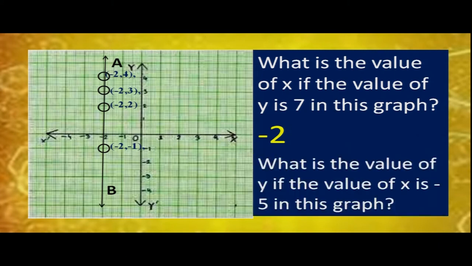And what is the value of y if the value of x is -5 in this graph? Again, we can say that we cannot have any such value of y, as x is always -2. x cannot be -5. So we cannot have such a value of y.